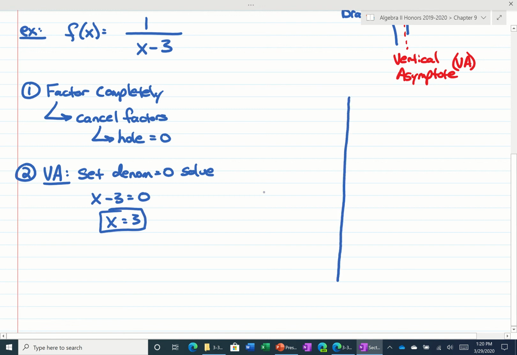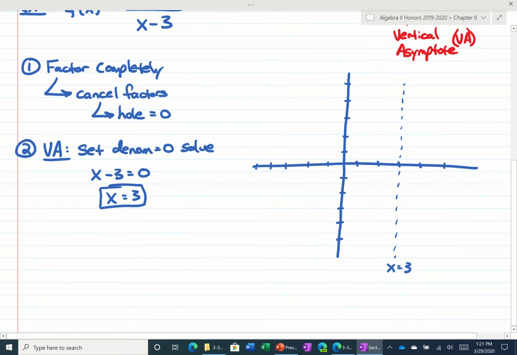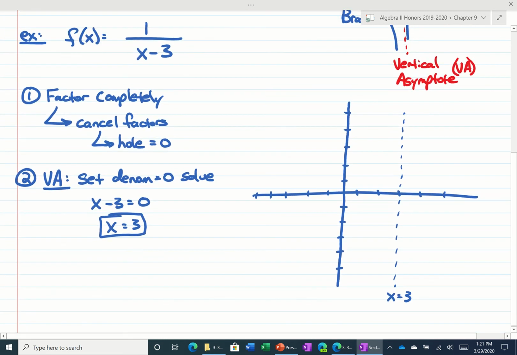So I'm going to go ahead and set this up. And 3 would look like this. You could have more than one vertical asymptote, but for this problem, when we set our denominator equals 0, we did just get 1.